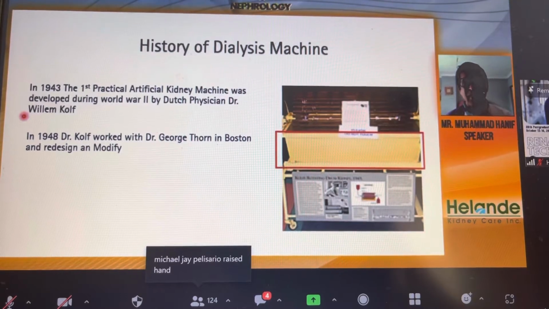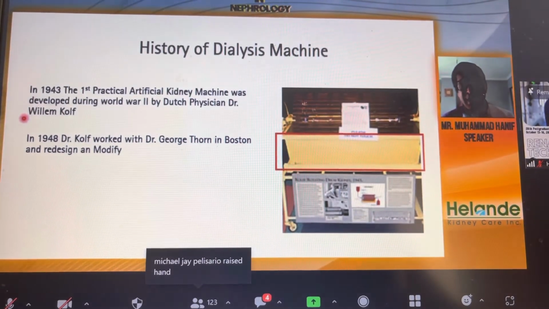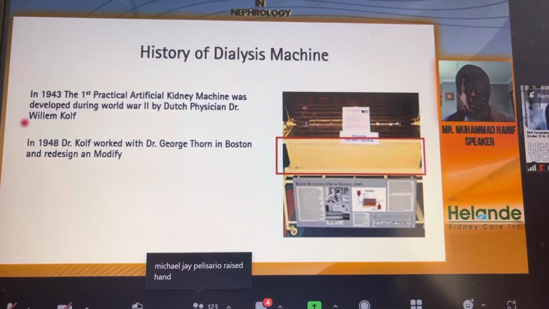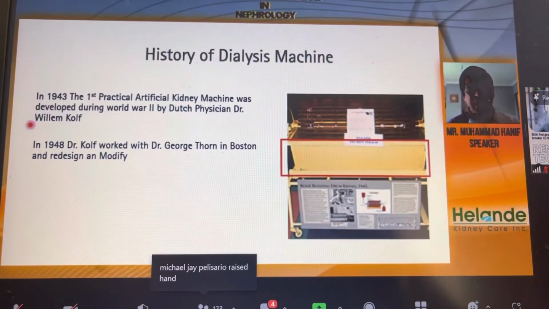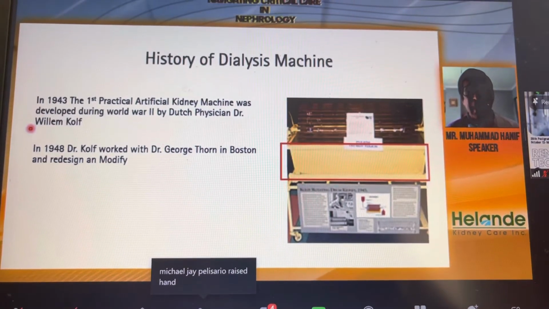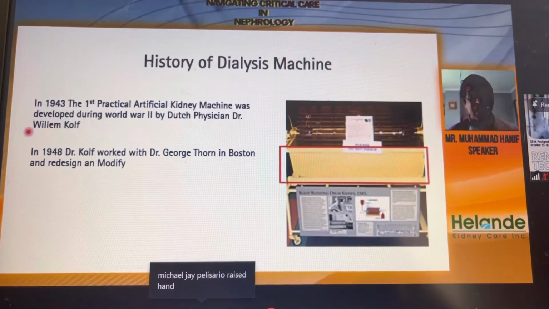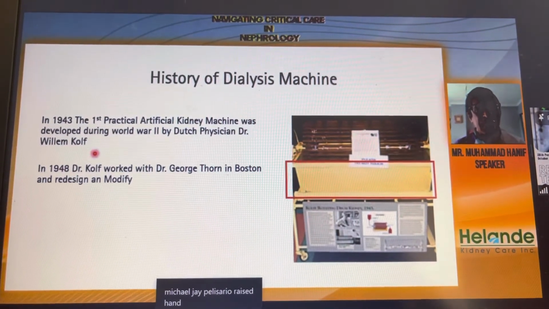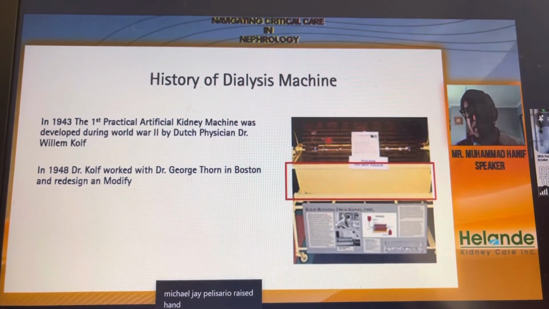It was the time when army people and civilians really needed dialysis because kidney failure is one of the traumas, one of the accidents. So that's the time they needed it, and the first dialysis machine was developed.